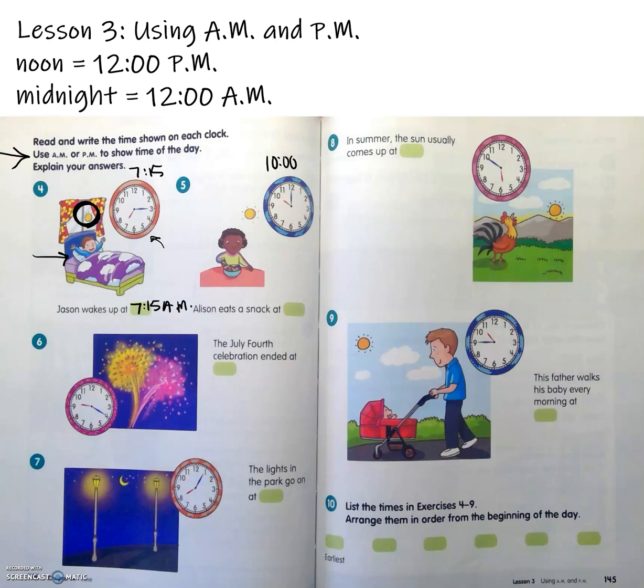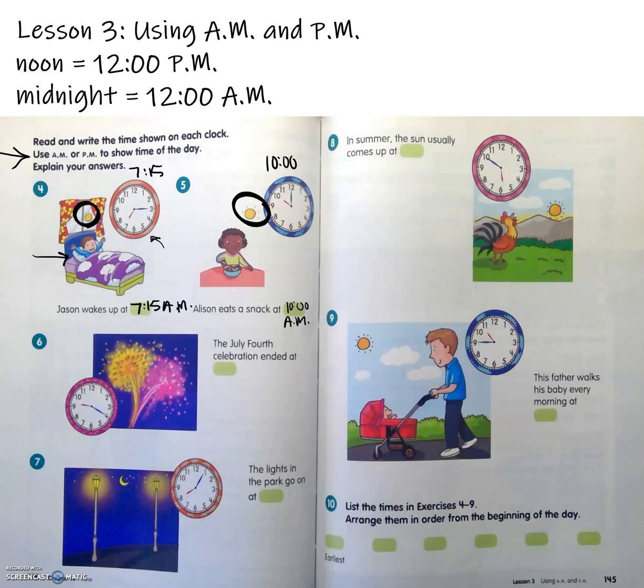Let's think about it. Oh, well, if it's 10 o'clock at night, that means it's in the middle of the night. Right now, I see in this picture a sun. So it's probably not in the middle of the night. It is probably in the morning. So Allison eats a snack at 10 a.m.